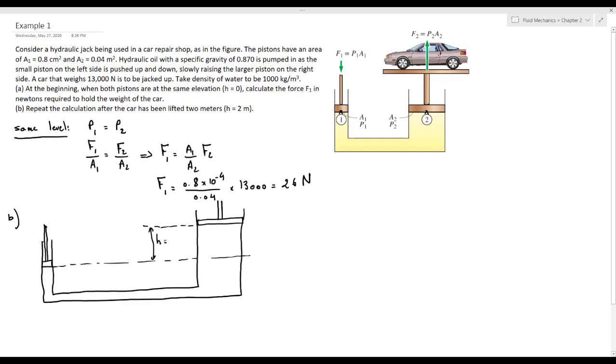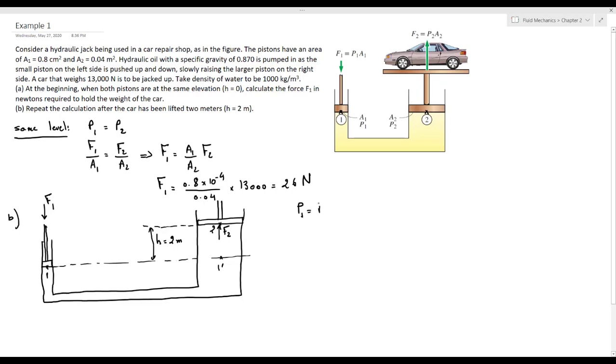So H equal to 2 meters. Here the force F1 is exerted on the smaller piston and force F2 is exerted on the larger piston. So we take 2 points at the same level, point 1, and let's call point 2 1 prime, and above the point 1 prime we have point 2.